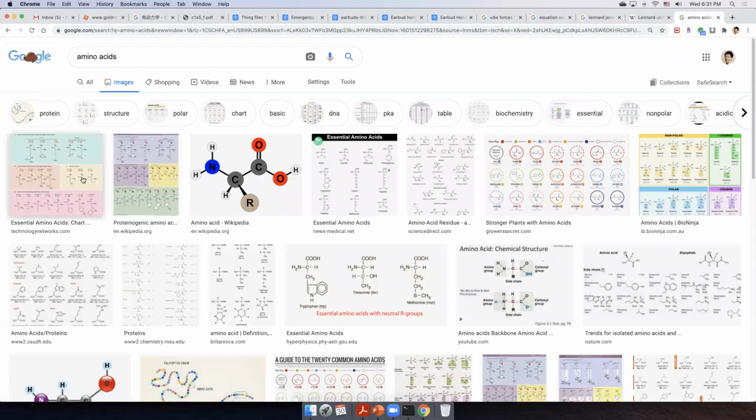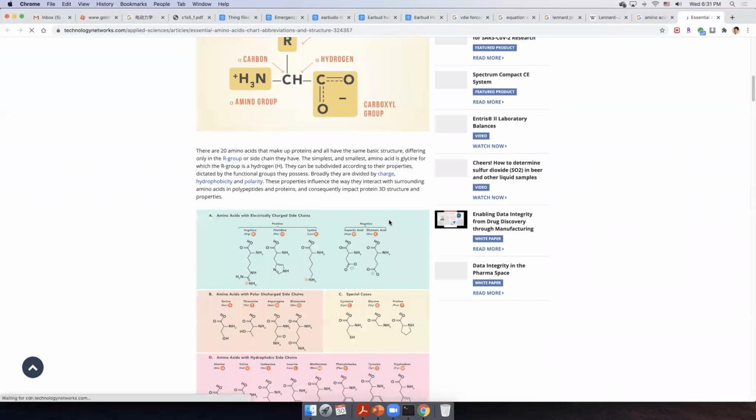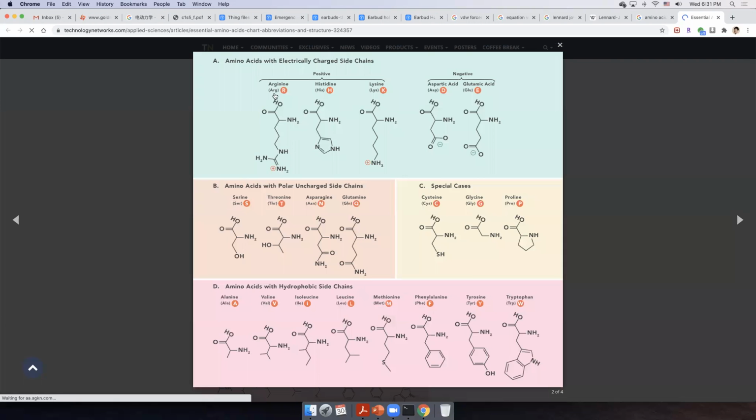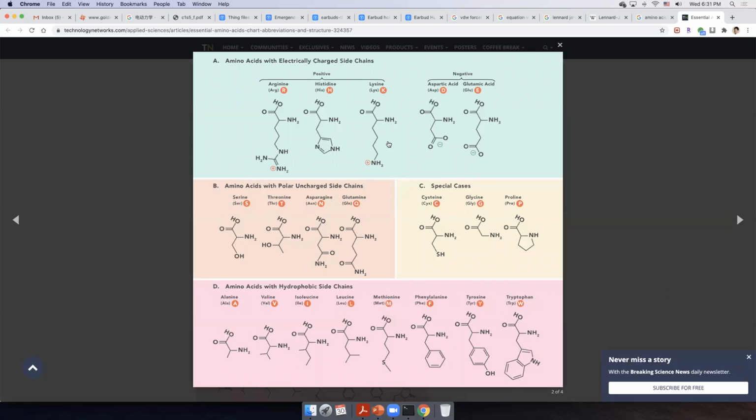So if you are familiar with biochemistry, you will understand there are 20 basic amino acids. And of course, those 20 basic amino acids could have some modifications or changes in proteins, which result in many more different types of amino acids. But here there are 20 basic amino acids.